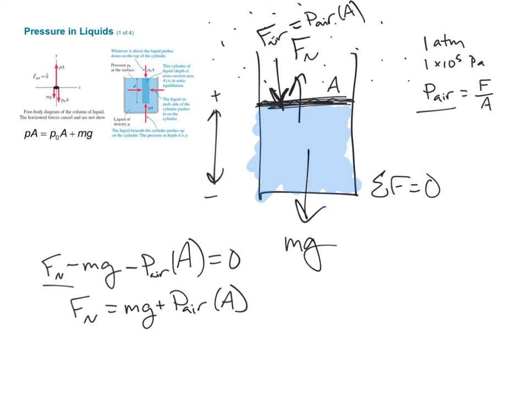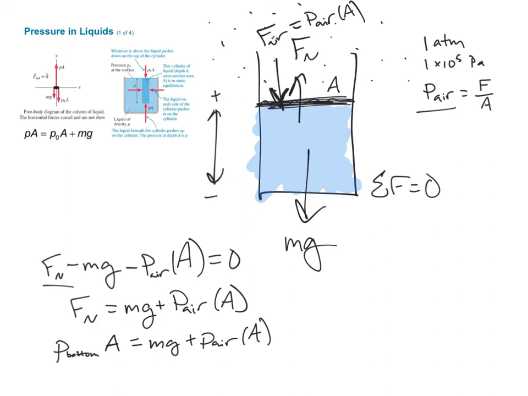So we're going to substitute in for this normal force, that is the pressure at the bottom times the area of the bottom of the cup, which, if we say the cup is cylindrical, the area at the top of the liquid is the same as the area at the bottom of the liquid. And that equals our same mg plus pressure of the air times area of the cup, which is a cool equation, but we're going to have to take it a few steps further.